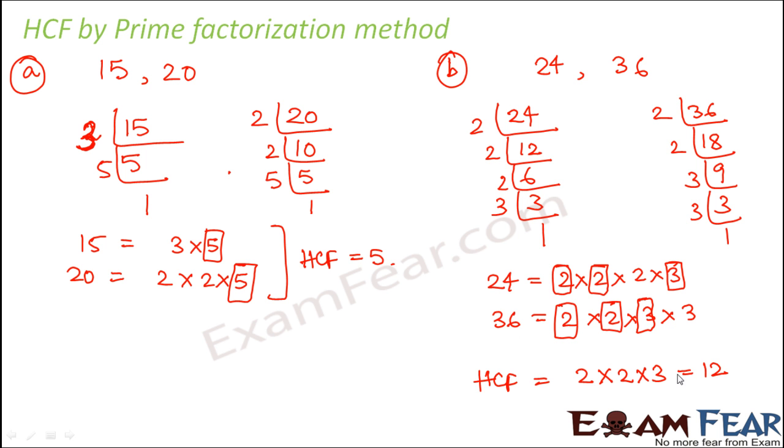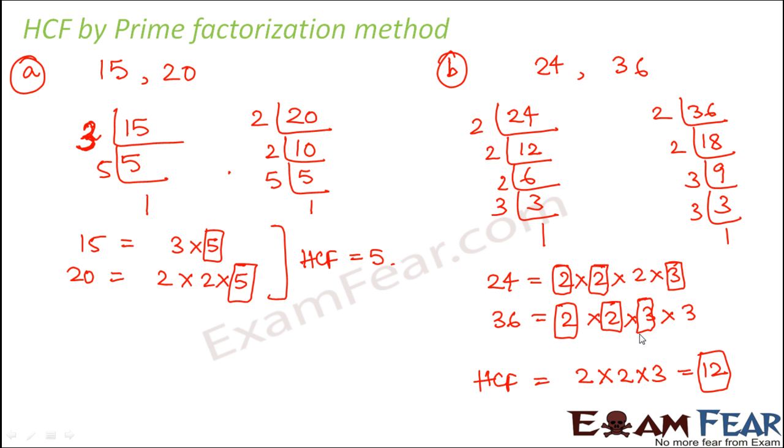So this prime factorization method helps us to find the HCF in a very easy way. In this way, what we are actually doing is, by encircling them, we are able to find out the common factors. At the same time, we are multiplying the common prime factors. By multiplying the common prime factors, we are able to find out the highest common factor. Right? In this case, 2 is a common factor between 24 and 36.